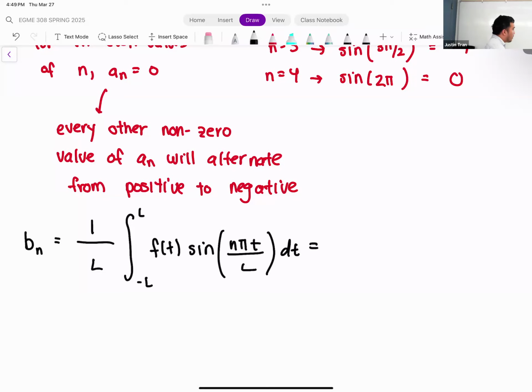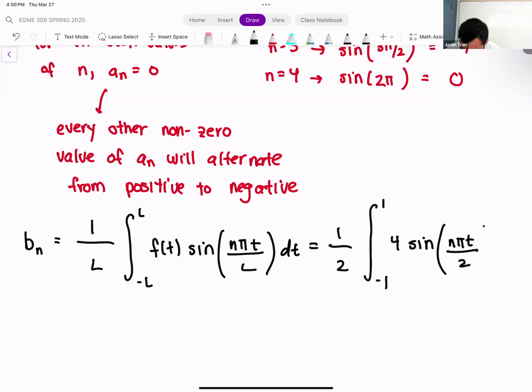Let's go ahead and plug in all of our functions and all of our values for L. And so that is 1 over 2. And once again, I'm just going to skip a step here. I'm just going to integrate over the non-zero portion of our function, so integral from -1 to 1 of 4 times sine of n pi t divided by 2 dt.